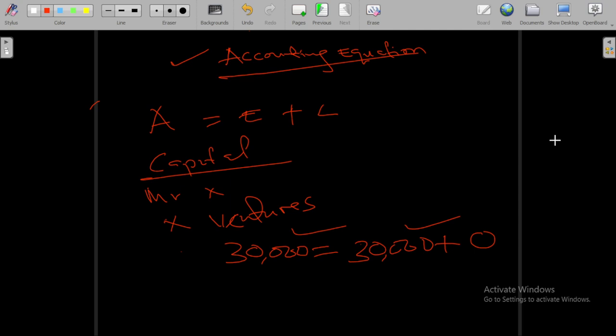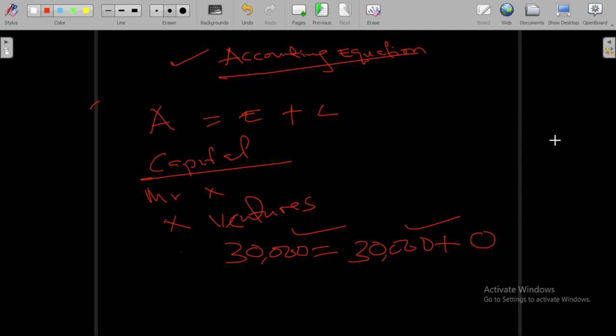Then we can look at another angle of a business whereby the same Mr. X, sorry, the same business that he set up, he now decides to borrow money from his brother to purchase a motor vehicle, and that motor vehicle will be used in that business.